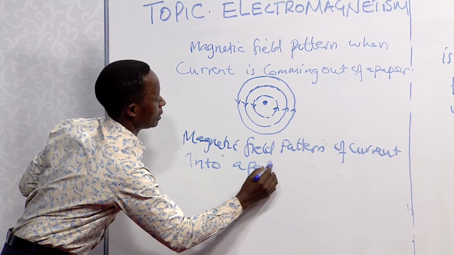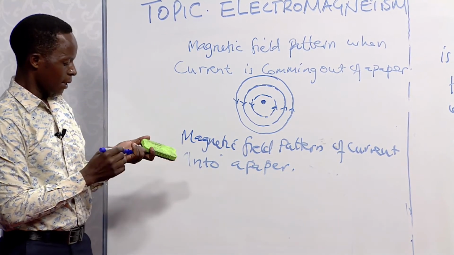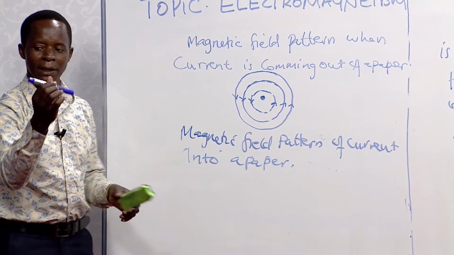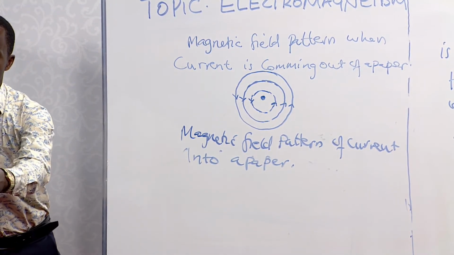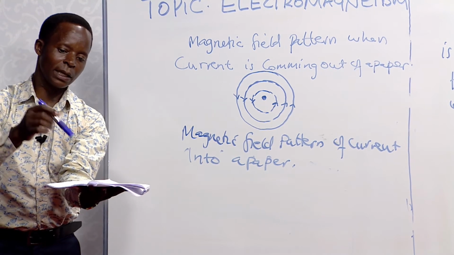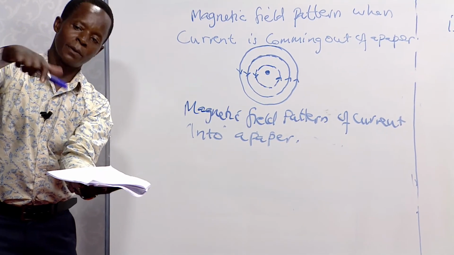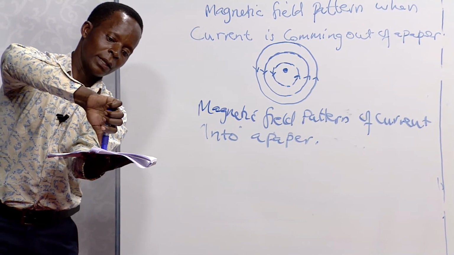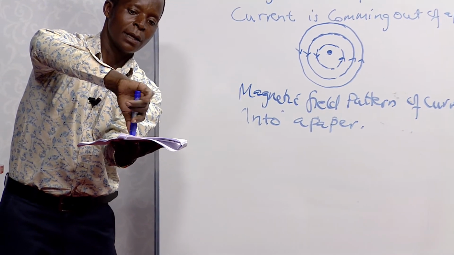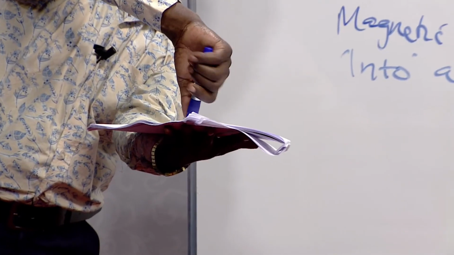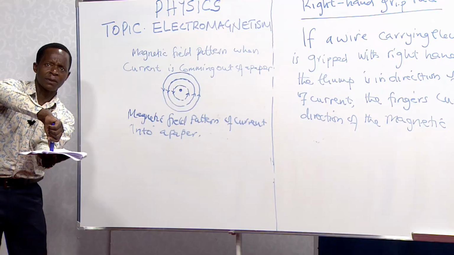Hold the pen to represent the wire or the conductor, and then the thumb points into the paper like this. Then this is how the fingers are curved. That will be the direction of magnetic field.